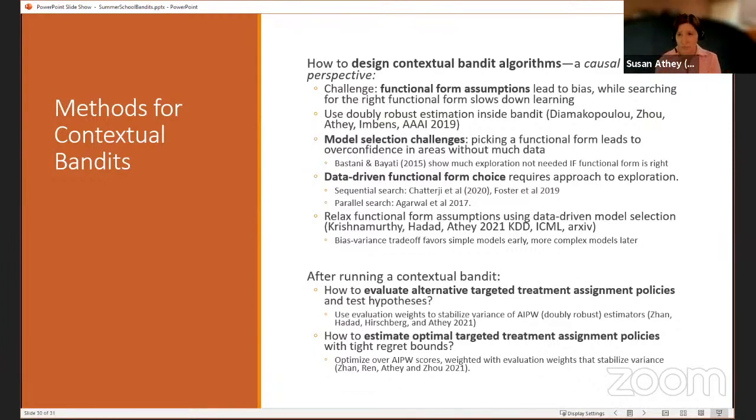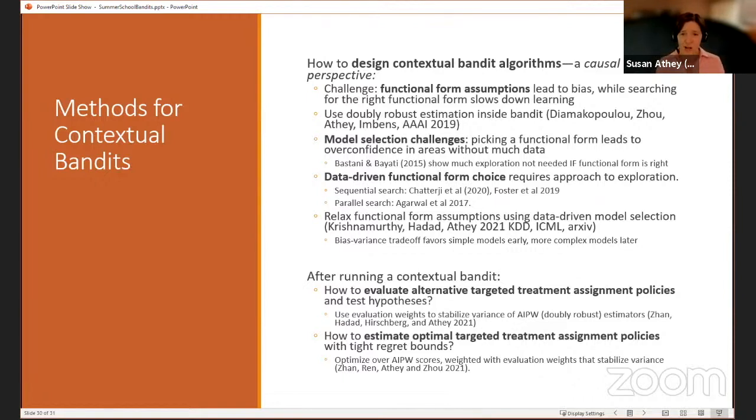So that's my very latest on this. And then a couple of other working papers, or one of them just came out in ICML. We also show other ways to evaluate policies if you've run contextual bandits, as well as estimate the best targeted treatment assignment policies after running bandits. So we finally got some theory on these.